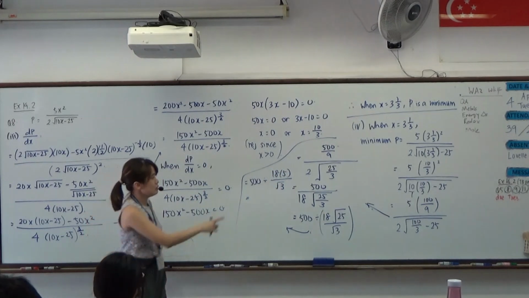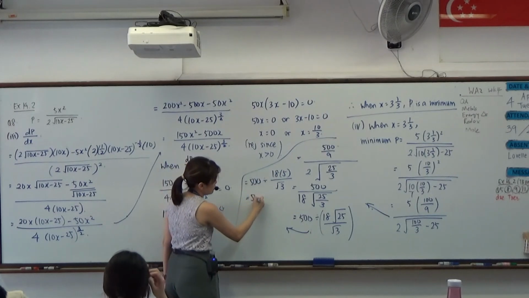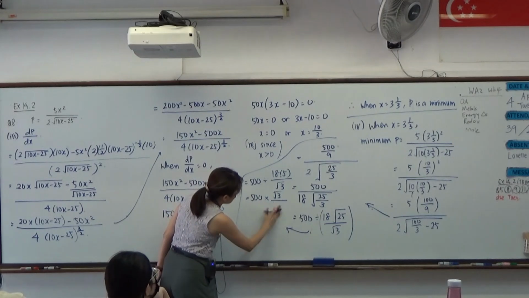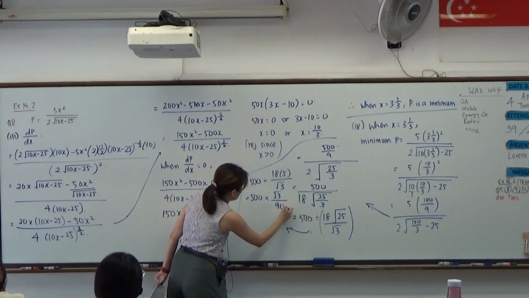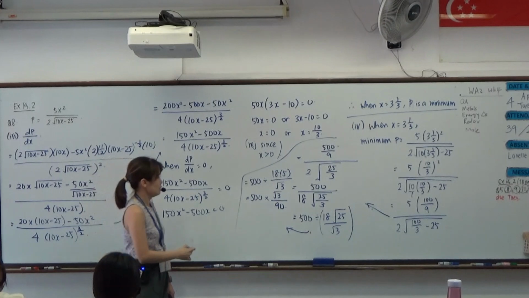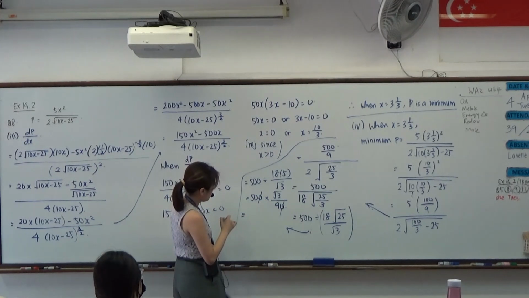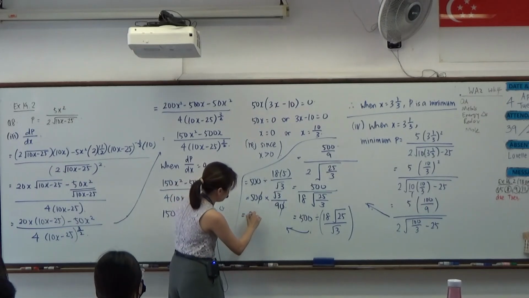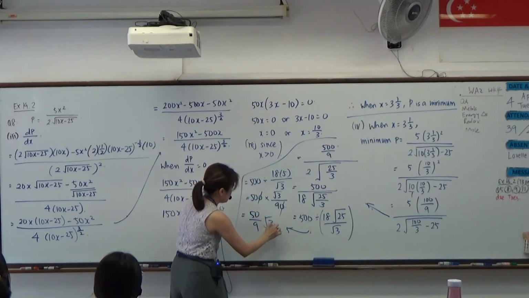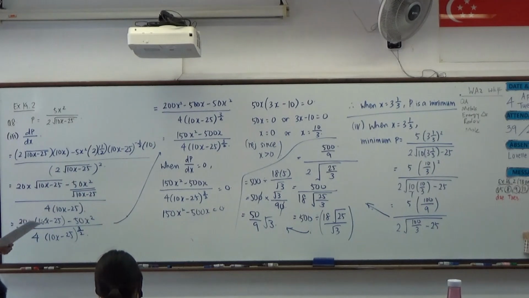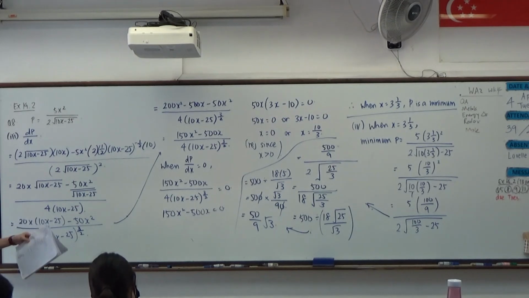Then we know that dividing by a fraction causes the fraction to flip. 18 times 5 is equal to 90. Simplify. Nothing more to simplify, right? So 50 over 9 root 3. So the minimum value of P is 50 over 9 square root 3.